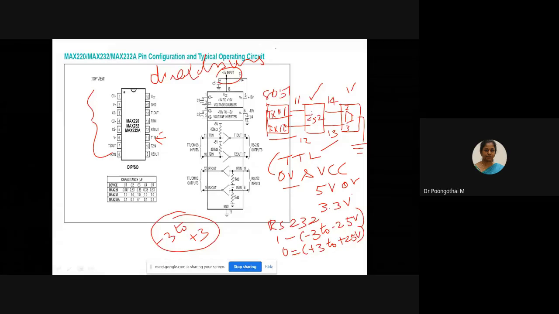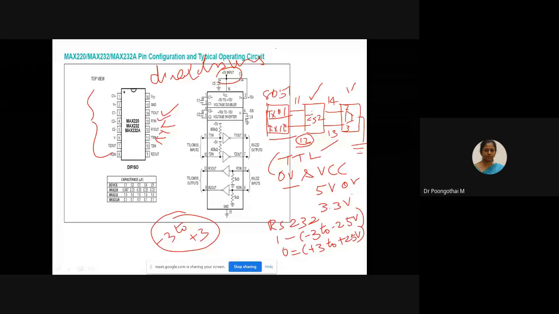Similarly, the 10th pin of your microcontroller is connected to the 12th pin of your MAX232 for reception. So TXD and RXD are connected. At the RS232 level output, here we have 14 and 13. So 14 is T1 out and 13 is R1 in for reception.